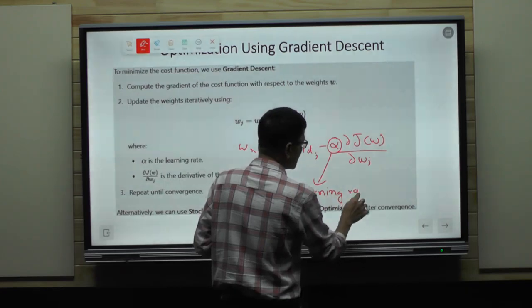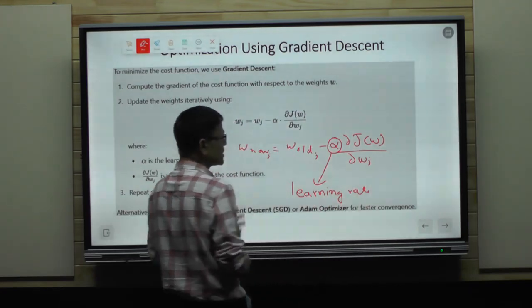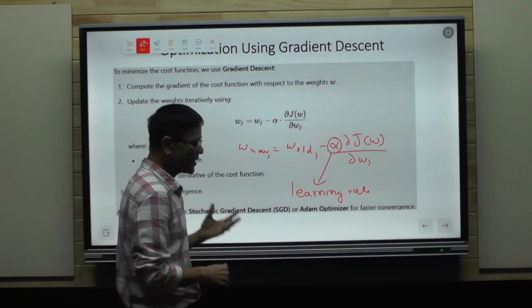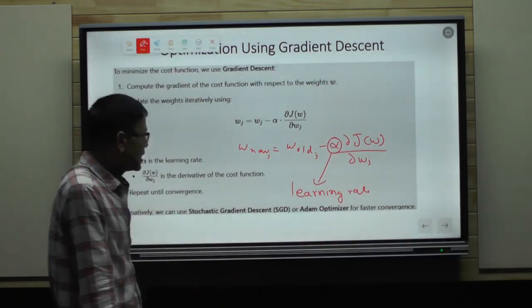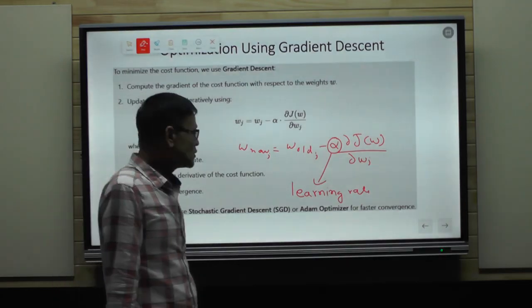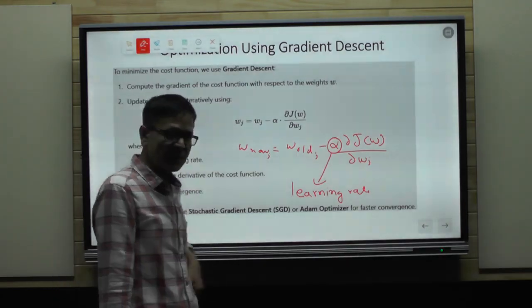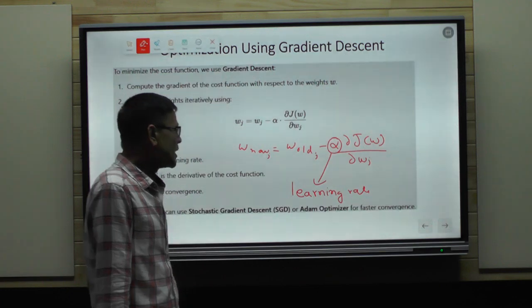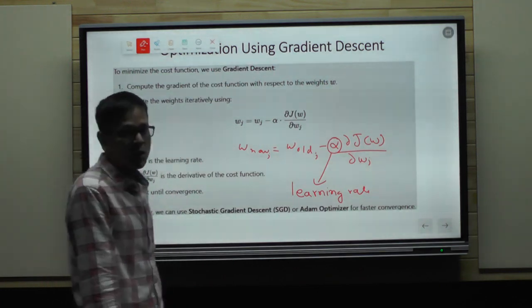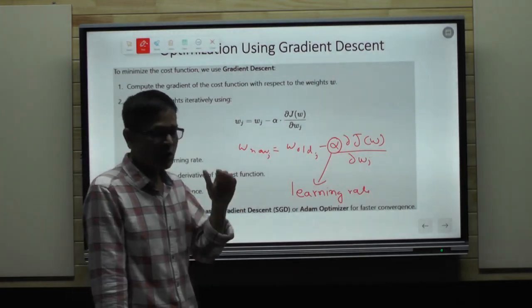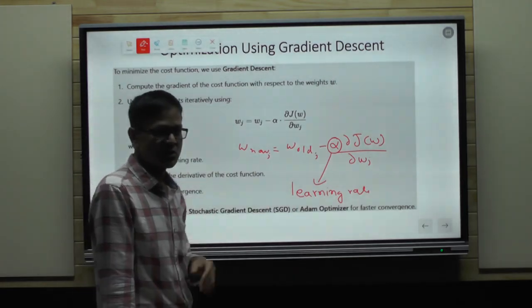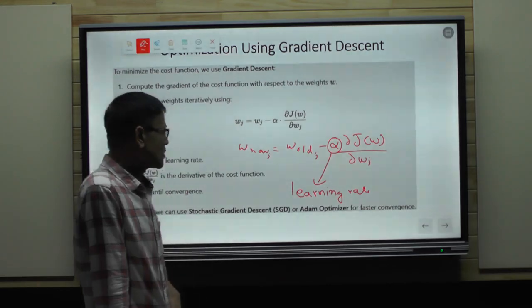The only difficulty or challenge in gradient descent is how to set the value of alpha. If alpha is too high, then you can prematurely converge. If it is too low, then you get very slow updating of weights, and you will converge at a much later stage, so you need a lot of epochs.